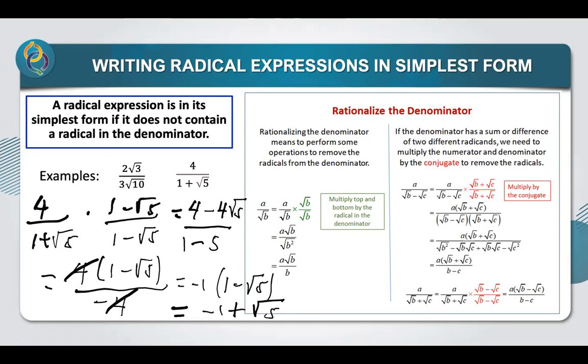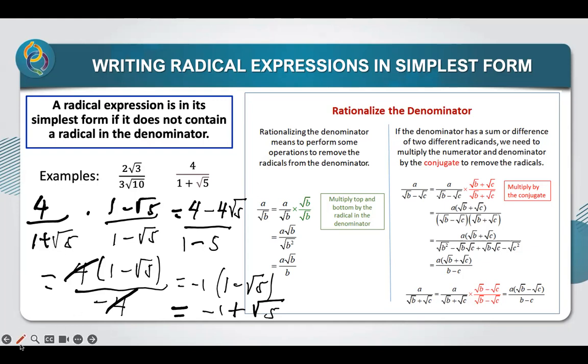All right, so let's go over that again. The first thing we do is multiply by the conjugate, where we just change the sign of the middle term of the original term. Then we square the first term, square the second term, and you get a value that has no more radical, and then we simplify.